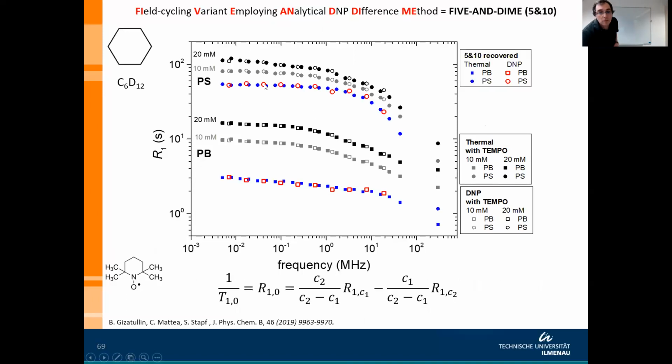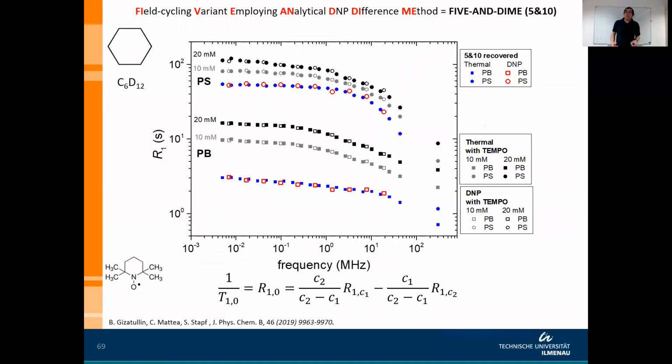And then, if you combine these two signals at different concentrations and apply this 5-and-dime method, you get what we call the recovery curve of the pure PS or the pure PV, and then we can just measure the thermal polarization of this PV and PS when it's pure, and we see excellent agreement.